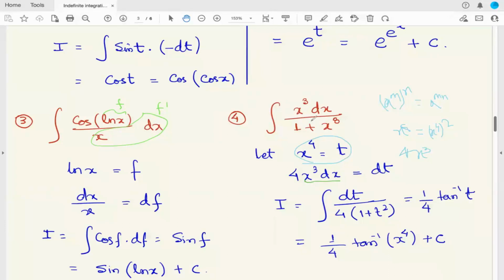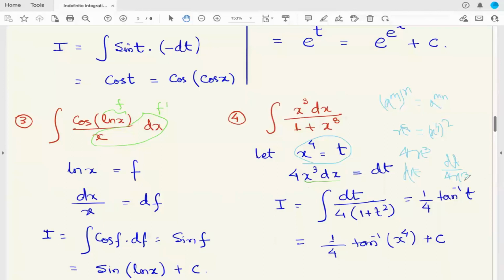So dx is equal to dt by 4x cube. If we substitute here the value of dx, dx will be dt divided by 4x cube. This is the value of dx we get from here.